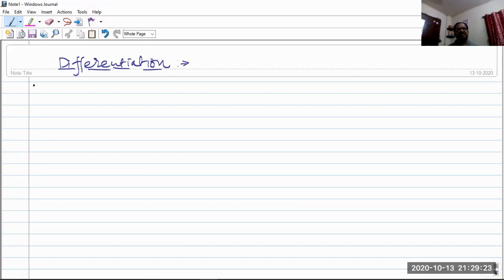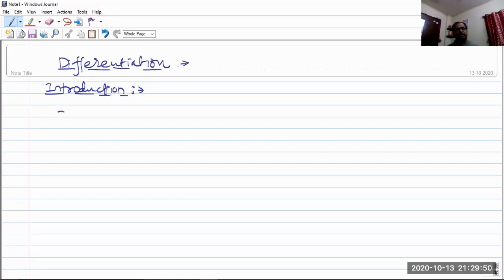So what is differentiation? We'll just see the introduction. What is the introductory part of this topic? First, basically we'll define what is derivative or what is differentiation. Here, differentiation is nothing but the process of finding the rate of change of one variable with respect to another variable.